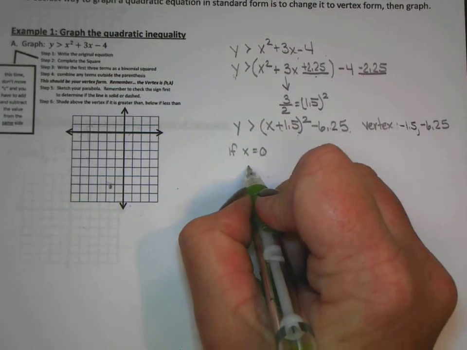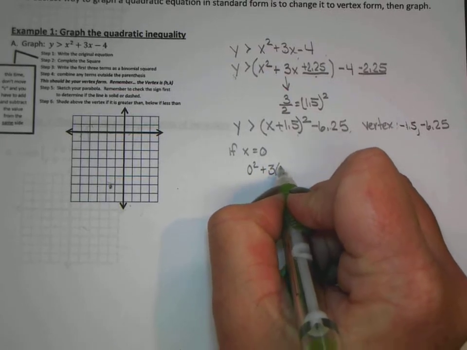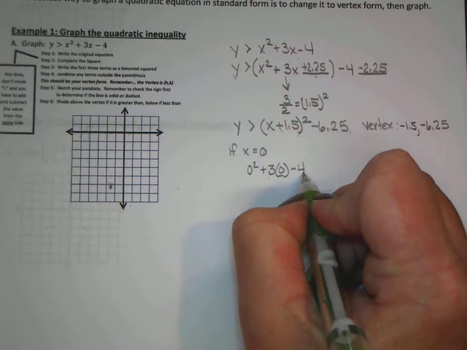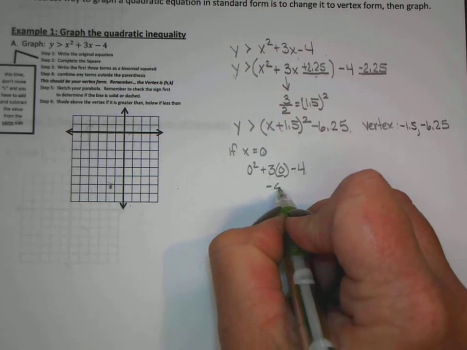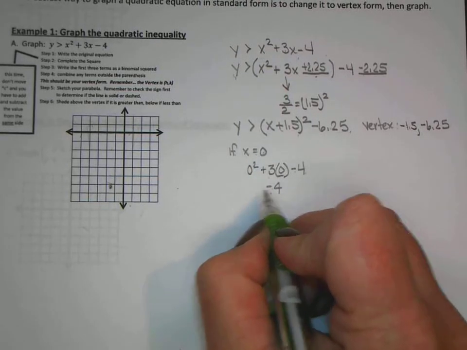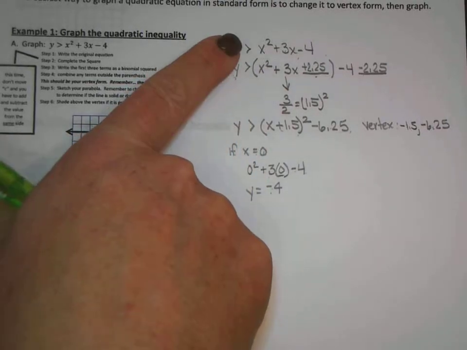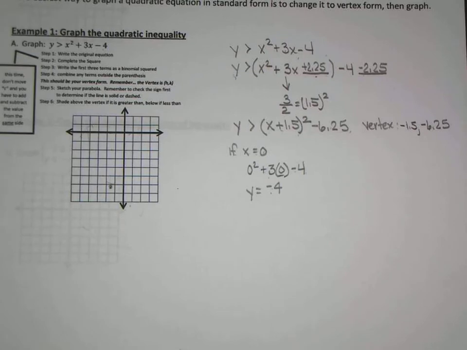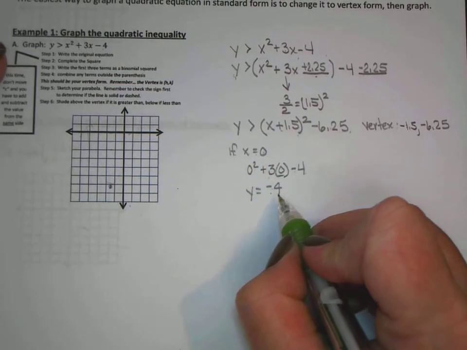So you would say 0 squared plus 3 times 0 minus 4. Well, that's 0 plus 0 minus 4, so it would be negative 4. If x is 0, then y would equal negative 4. I'm using this equation. Yes, it's an inequality, but the equal sign doesn't matter. So when x is 0, then y is negative 4.